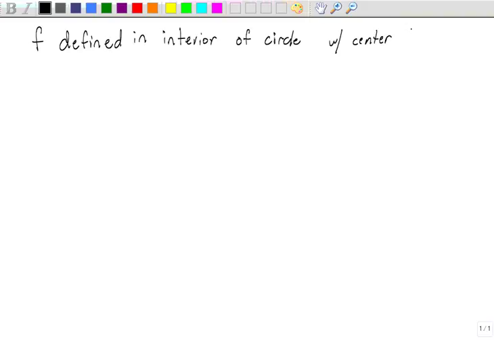All right, now we're going to look at limits and continuity of functions of several variables. And first off, we're going to define a function in the interior of a circle with center (a, b), except it doesn't have to be defined at the center.